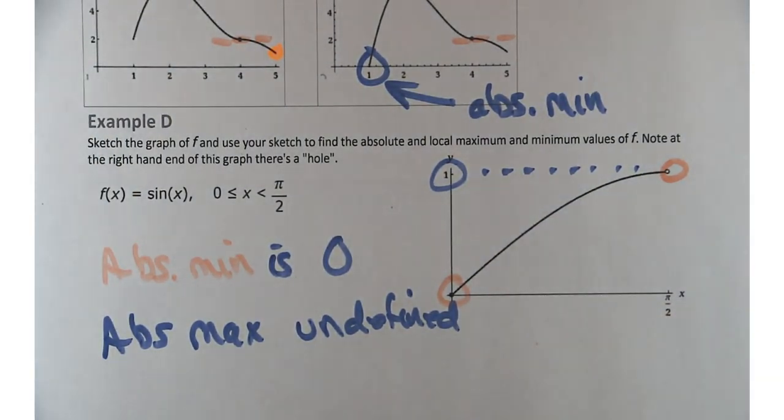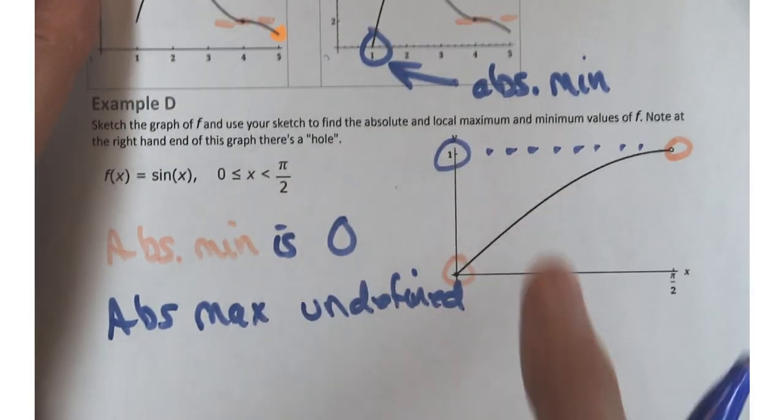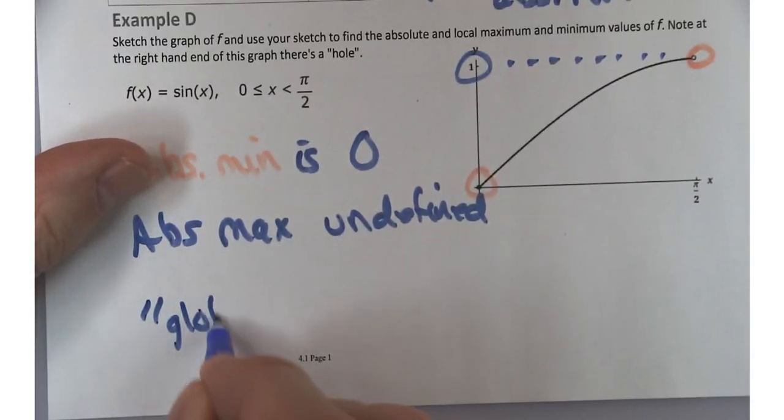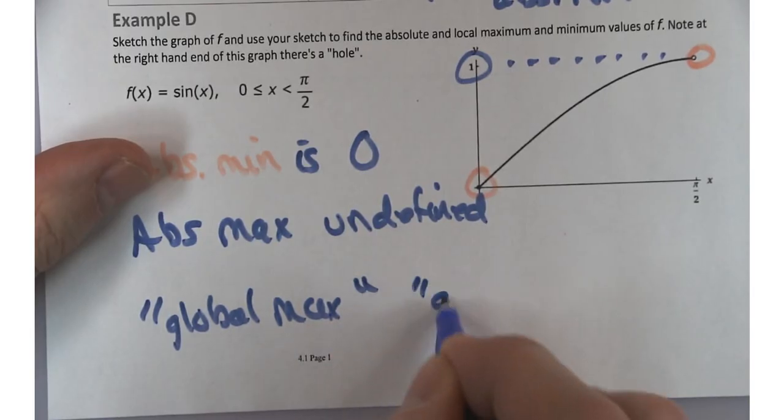Yes? When you say absolute, do you mean like, does it have to be a whole number? It could be an irrational number, it could be a fraction, it could be a decimal, whatever you want. When I say absolute max and absolute min, sometimes I use the word global max and global min. You'll hear me use that occasionally.